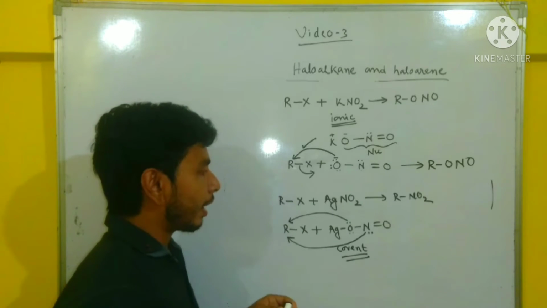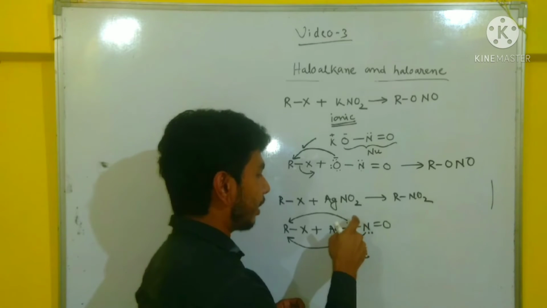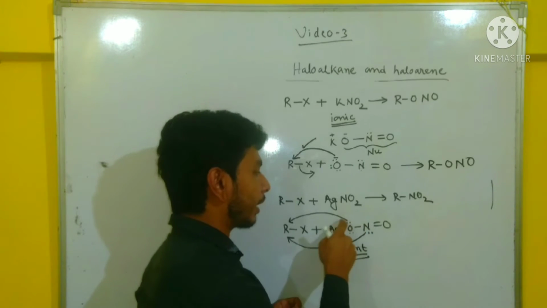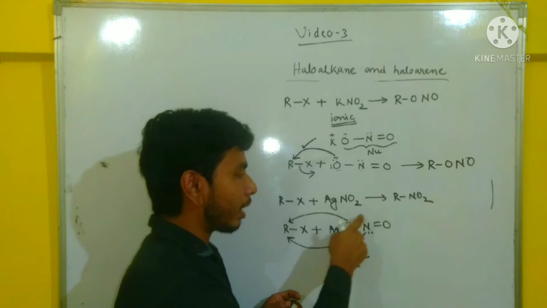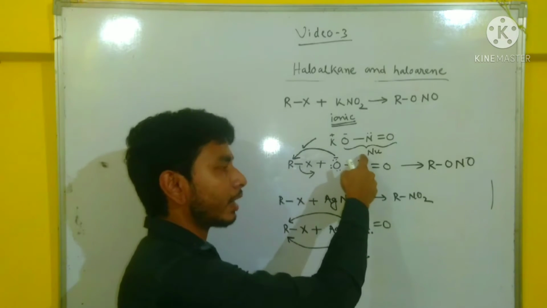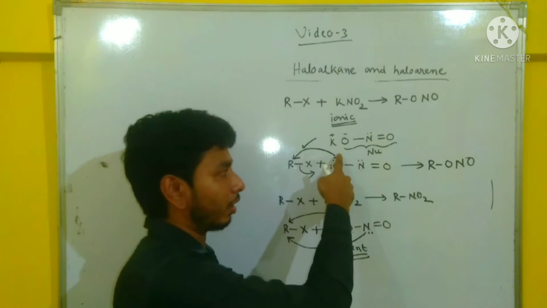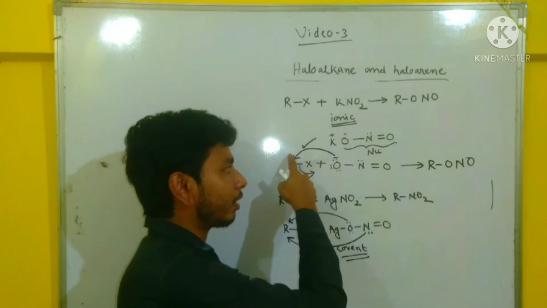If we compare them, here none of these atoms carries the negative charge, both are neutral. Previously one was negatively charged, the other neutral. A negative charge is more rich in electrons, so oxygen was donating the electron.